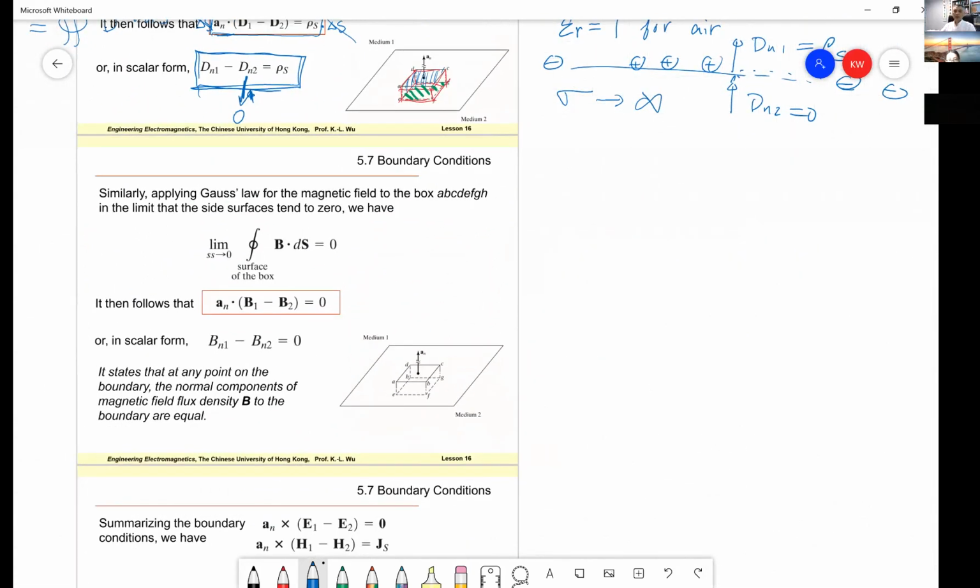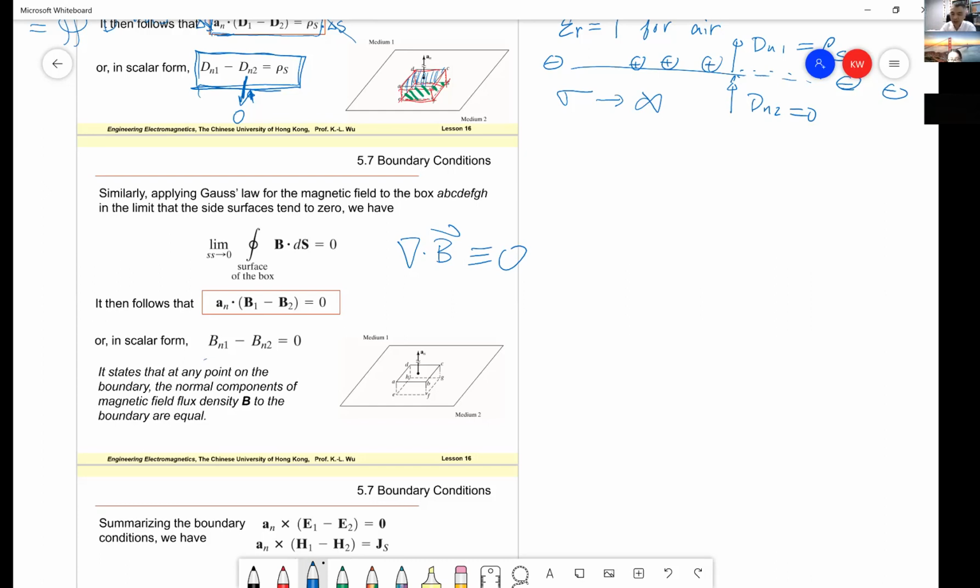When we justify the magnetic field, that is straightforward, because for magnetic field the divergence is constantly equal to 0, so the right-hand side is always equal to 0. We only have the left-hand side left.